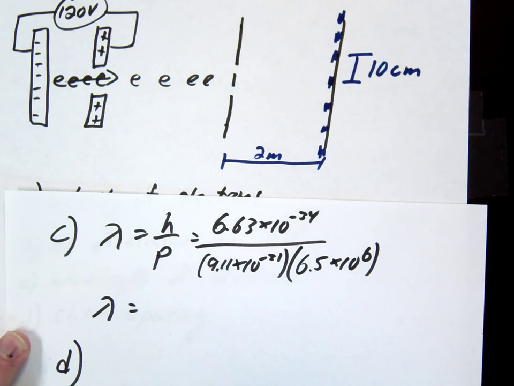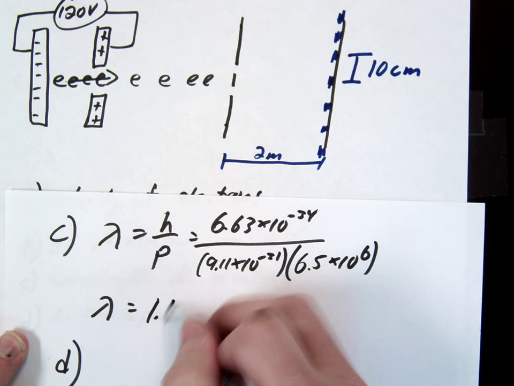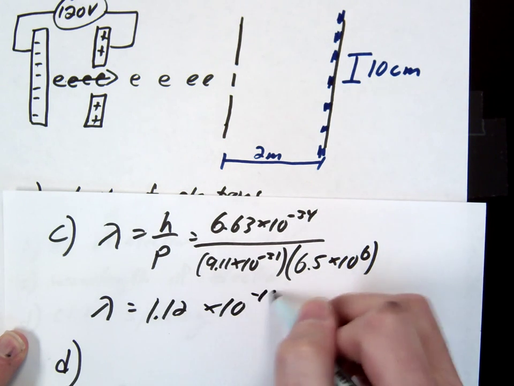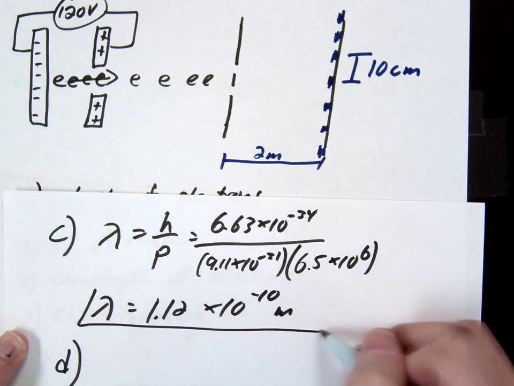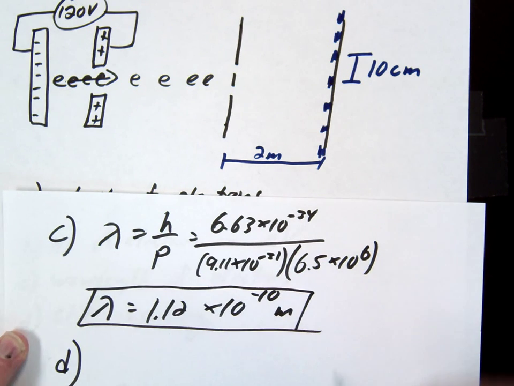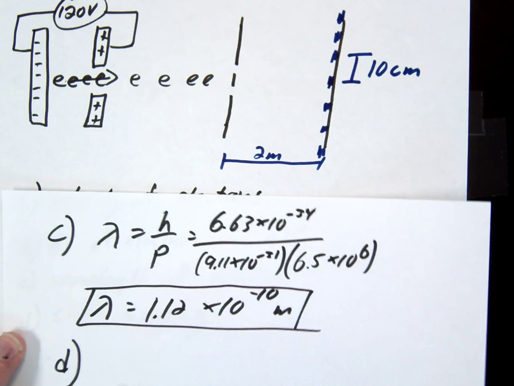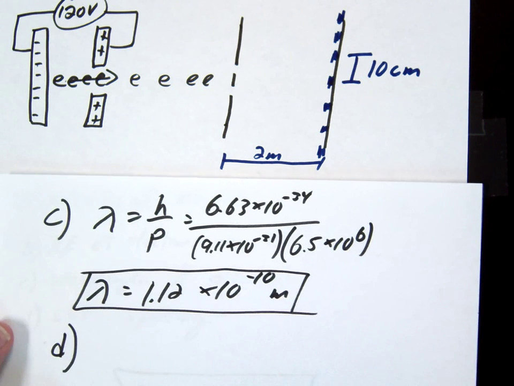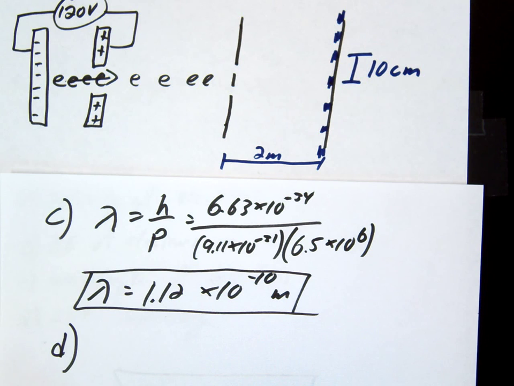Okay, help me out, guys. What's wavelength? 1.12 times 10 to the negative 10. All right, so notice that our wavelength, it's still small, but this is at least reasonable. This is something that's decent that we can actually use the double slit with.